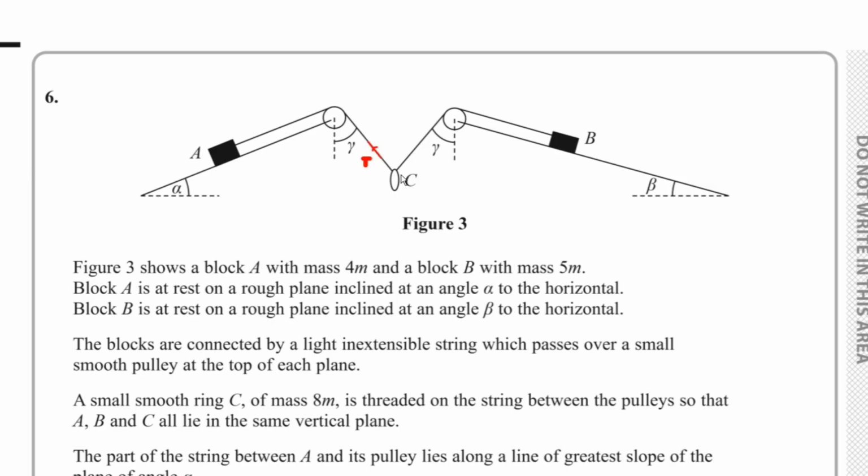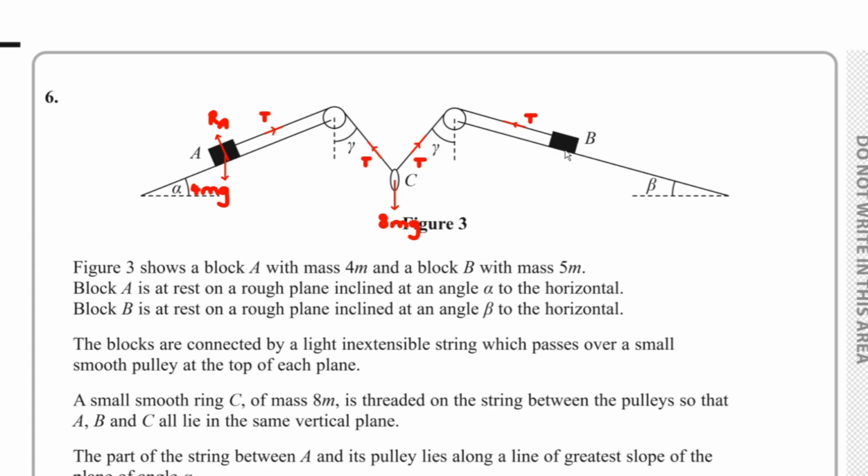So if we look at C first, we've got the tension here, and a tension here, and then we've got the weight, which is given by AMG. If I look at A, we've got the tension pulling up, we've got the reaction force, we'll call that RA, and we've got the weight 4mg.